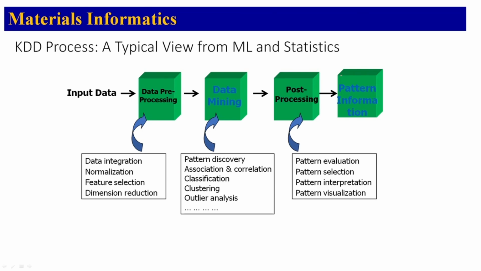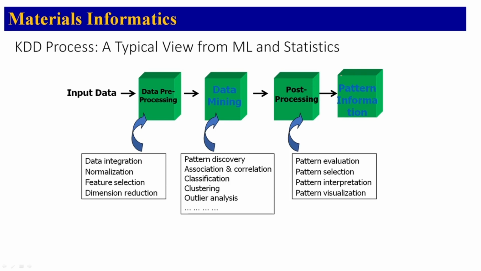Well, the KDD process can also be put together in this kind of way. So, first you have input data which are integrated, normalized, then you can pre-process data. Pre-process data means you can do cleaning, all these aspects, you can do feature selection, dimension analysis, dimension reduction, and then you do data mining, which is nothing but machine learning models applied onto the data.